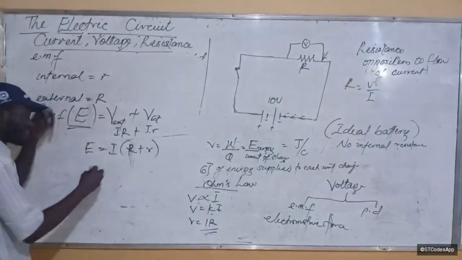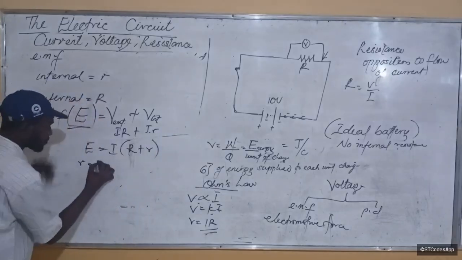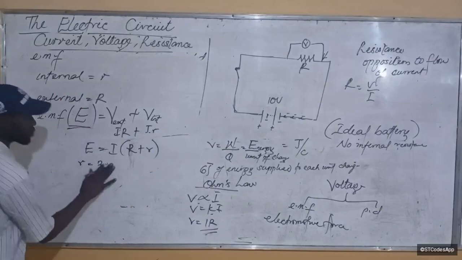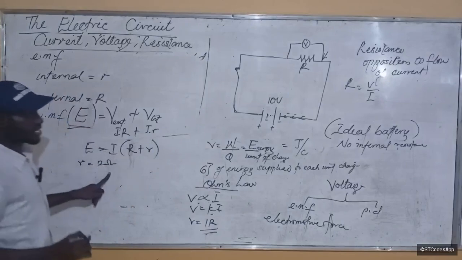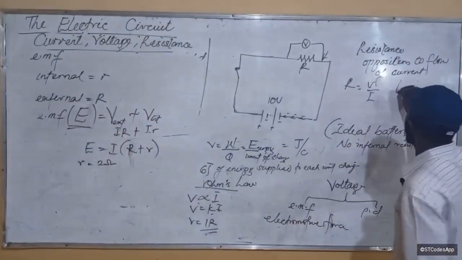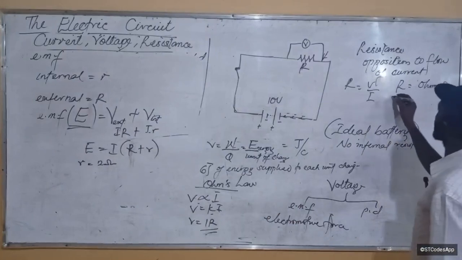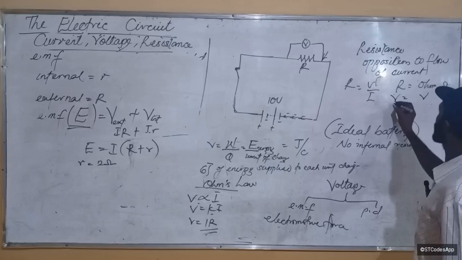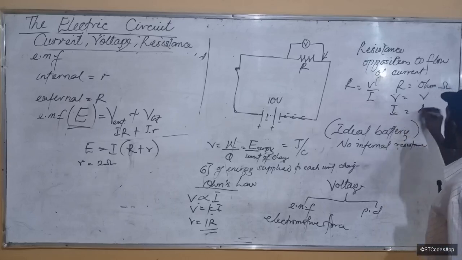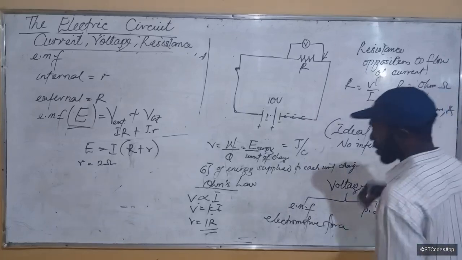If the battery has an internal resistance of 2 ohms, for example, resistance is measured in ohms, denoted by omega. Voltage is measured in volts, and current is measured in amperes.